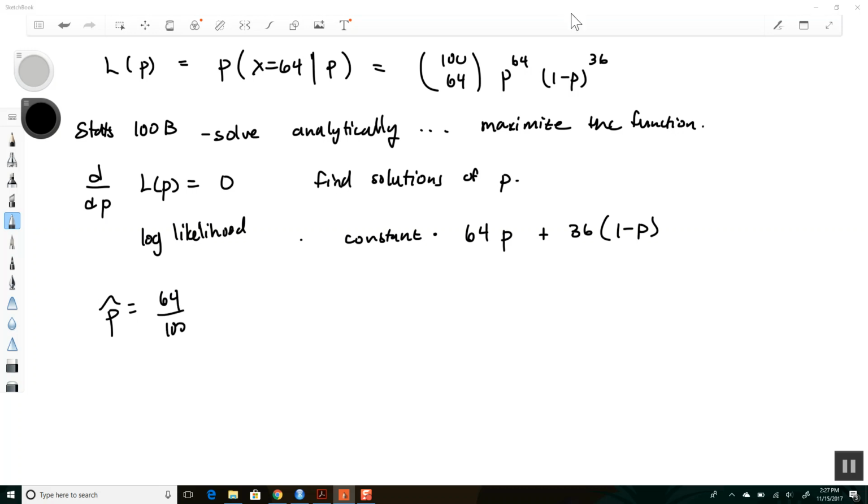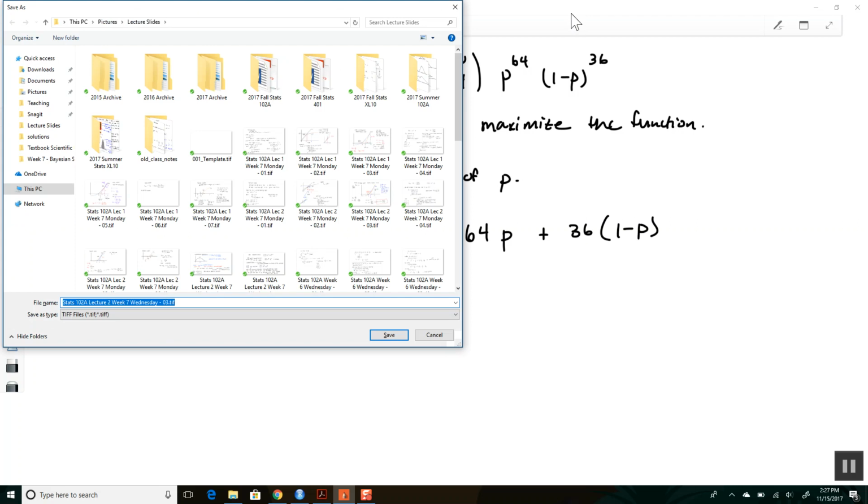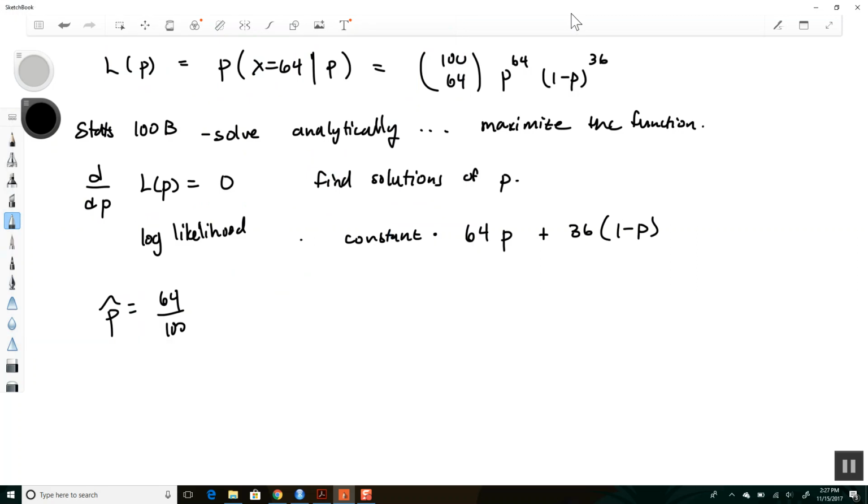You might encounter something where this is a tricky thing to do. So optimization methods are basically trying to solve this thing of maximizing a function, whether it's for maximum likelihood estimation, or you have some other reason to maximize or minimize a function.